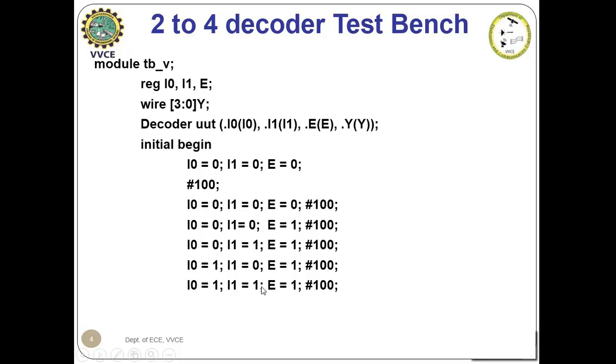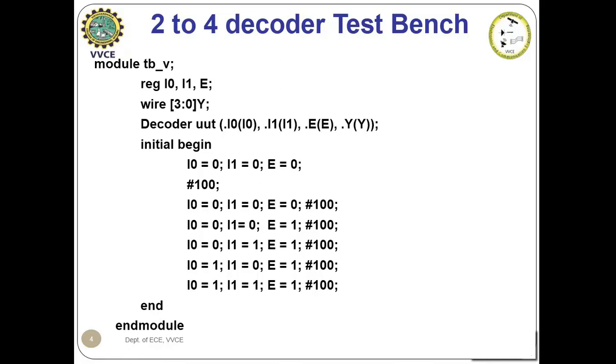I0, I1 is 1, 1 with enable 1. All these combinations will be maintained for 100 simulation units. Then I have one begin here, so I need to end here, and then end module. So this is the test bench of the 2:4 decoder.